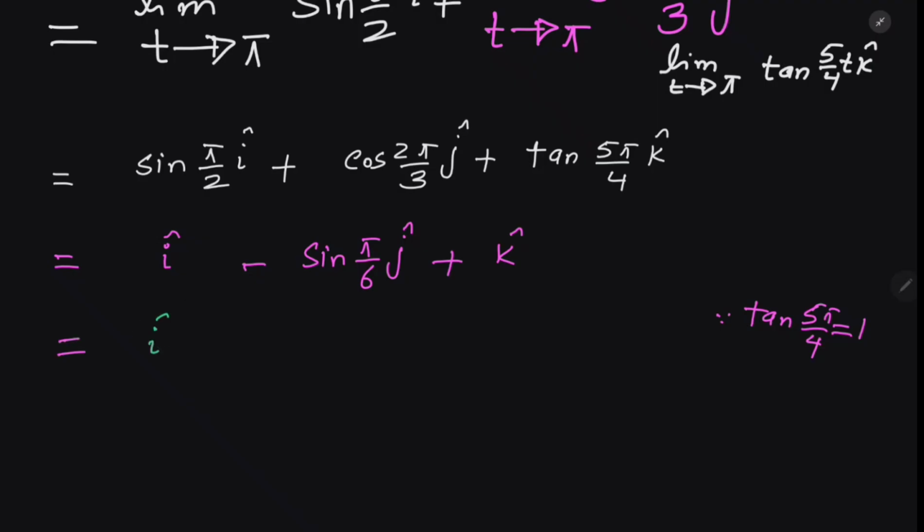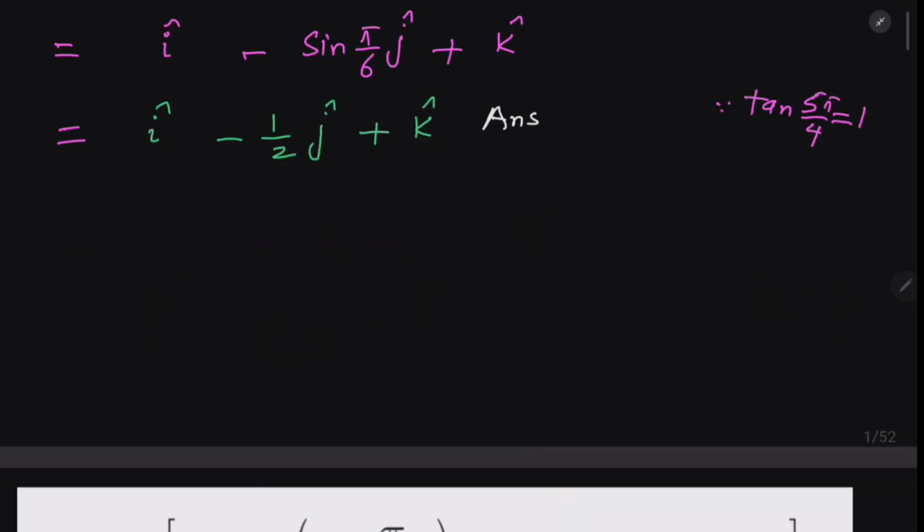So we have i unit vector minus sine 30, which is 1 by 2, so minus 1 by 2 j plus k unit vector. Remember that you don't need to apply the allied angle. If you don't know the allied angle, it is fine. You can use a calculator. Calculator is usually allowed at this stage. So simply use the calculator. That is the answer for our first question.